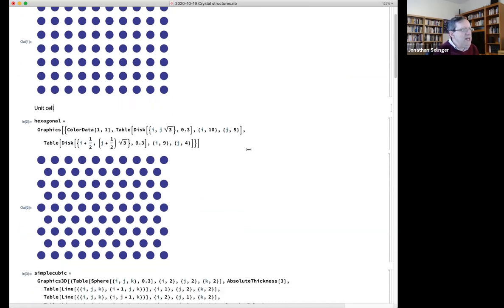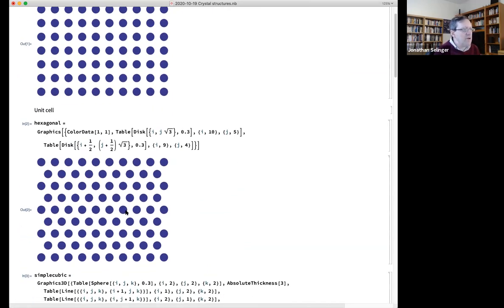Okay. Here is another common crystal structure in two dimensions, commonly known as either the hexagonal lattice or the triangular lattice. You can hear either term for that.